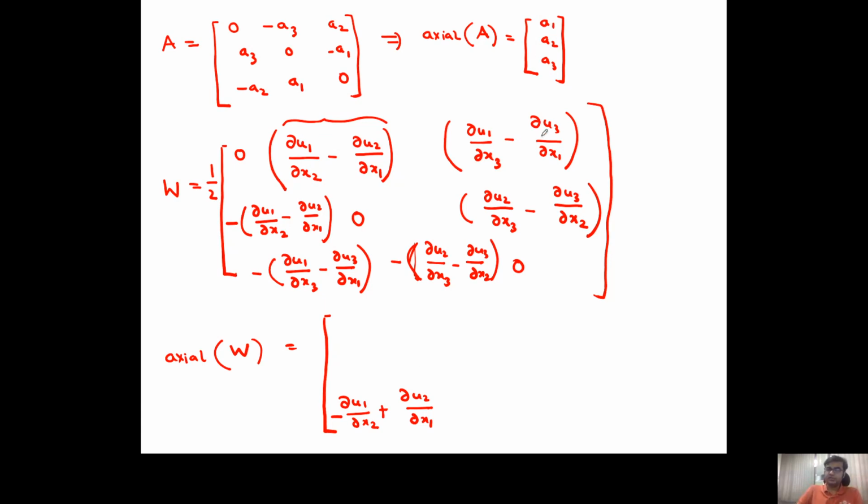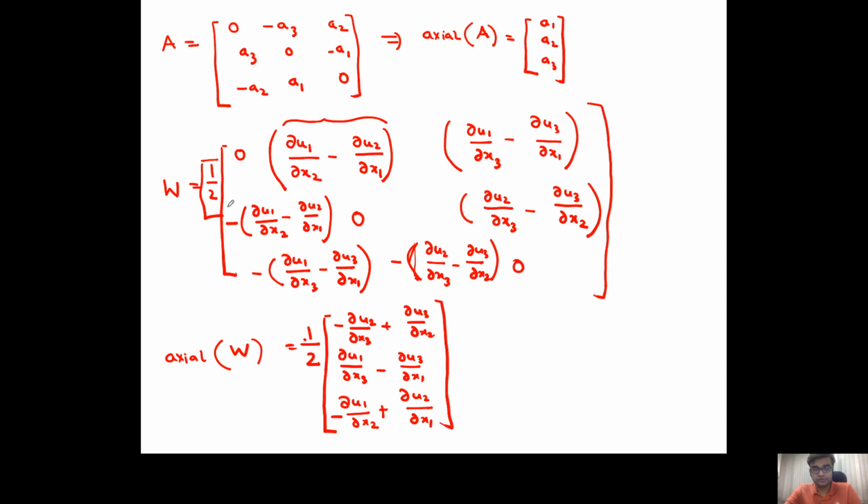This is 1, 3. So this will go into the second position and without any sign change. So directly it will be del U1 by del X3 minus del U3 by del X1. And lastly, this 2, 3 will go into the first location but with a minus sign. So this will be minus del U2 by del X3 plus del U3 by del X2, and this is your axial of W. What is missing is 1 by 2, this term. So this is what axial of W means.